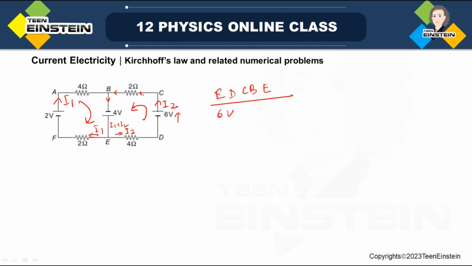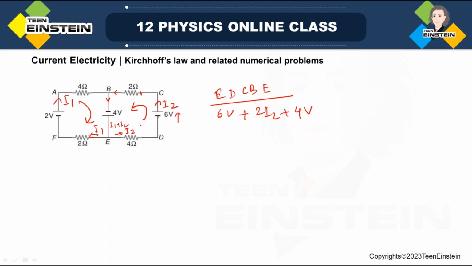So this is high, this is high, this is high, so this is low. So this will be again positive, 2I2. Again here it is also positive, going from low to high on the battery.